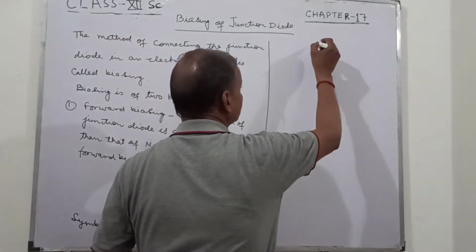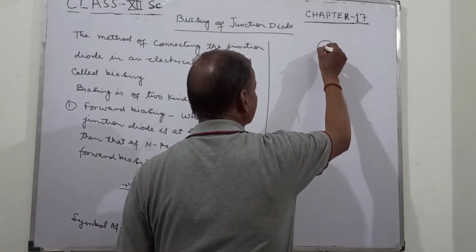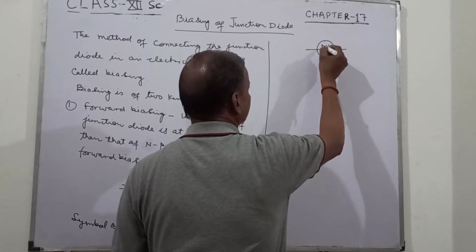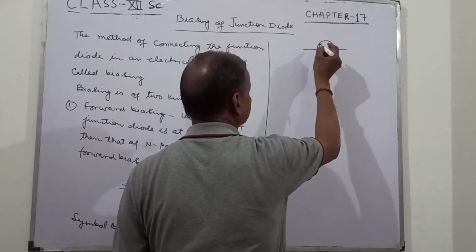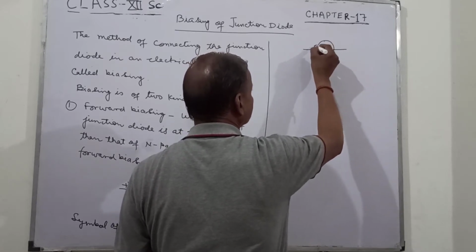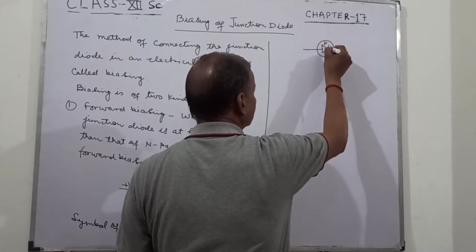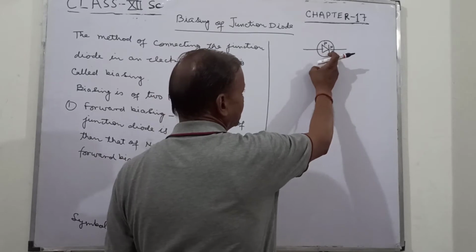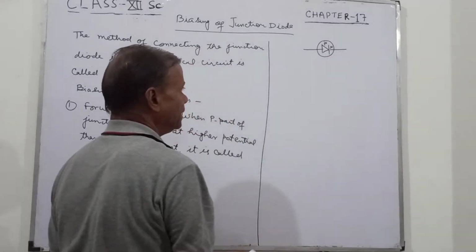The triangle represents the P part and this vertical line represents the N part.